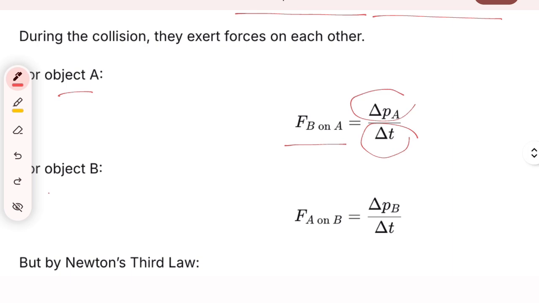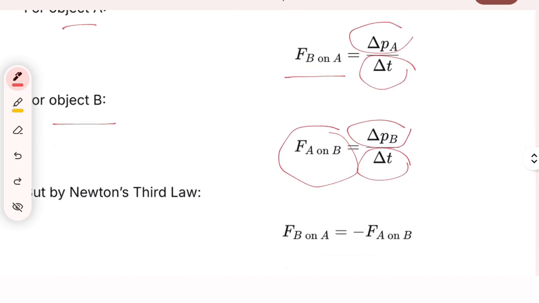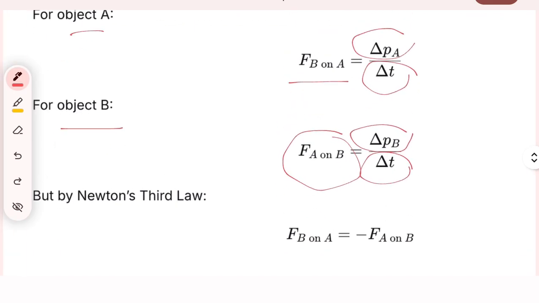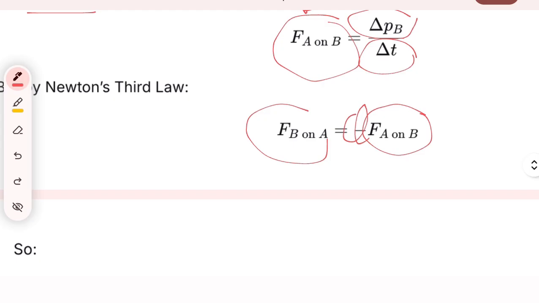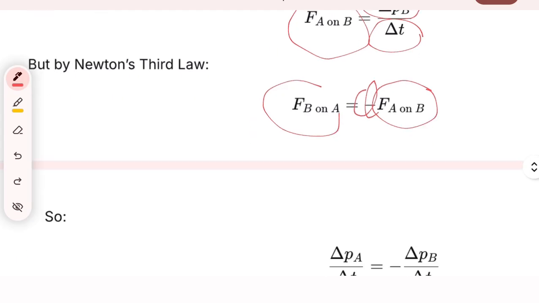And there's another object B, so the force of A on B is the change of P_B over change of time. But according to the law of motion, these two must be equal but in opposite direction. So F of B on A must be equal to F of A on B, but negative. The other is negative; it must be in the opposite direction.